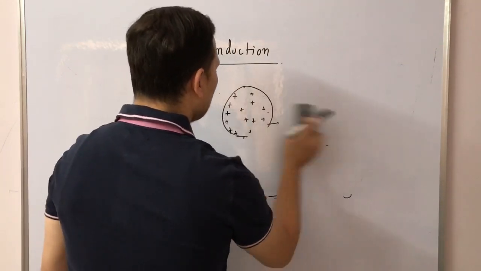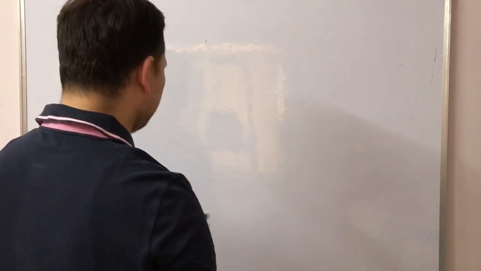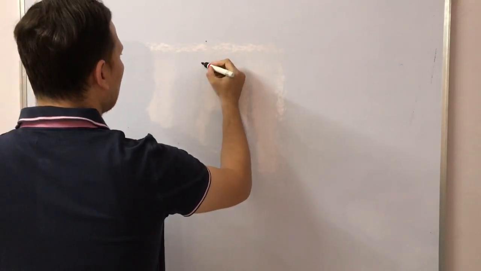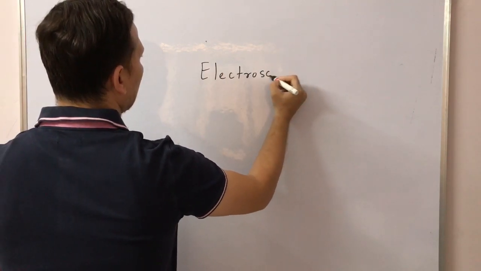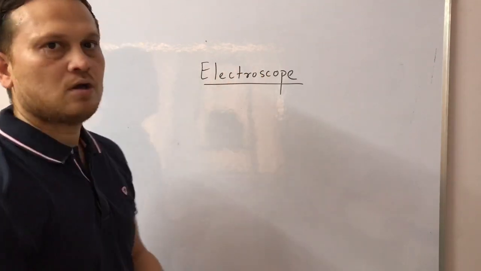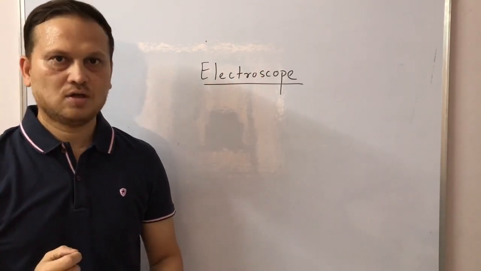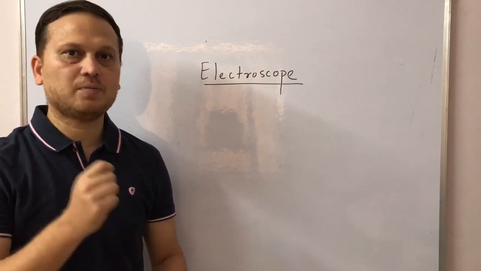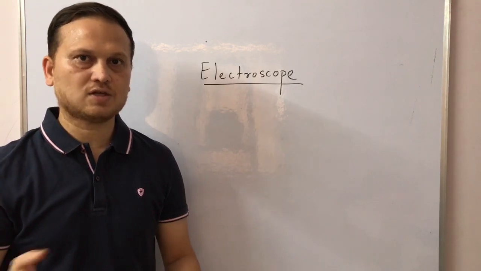Okay. So now we have a device. The device is called an electroscope. An electroscope is a device to find whether a body is charged or uncharged. So this device can be used to find whether a body is charged or uncharged.